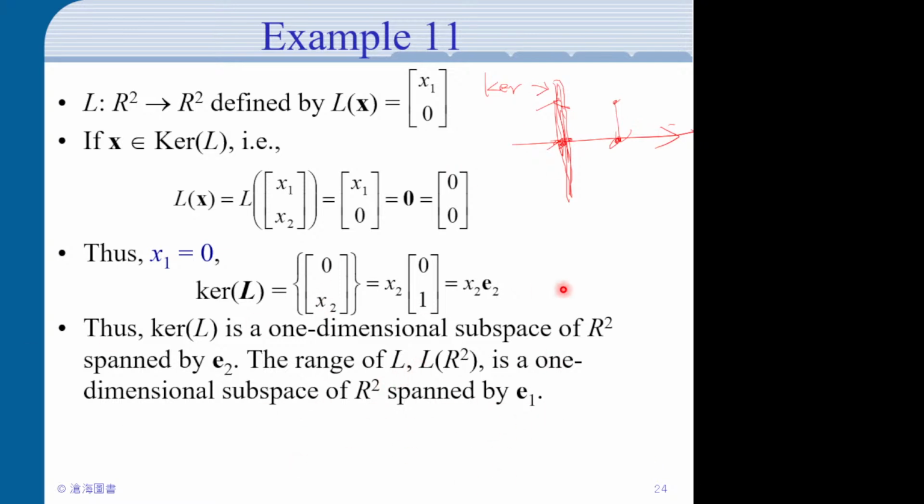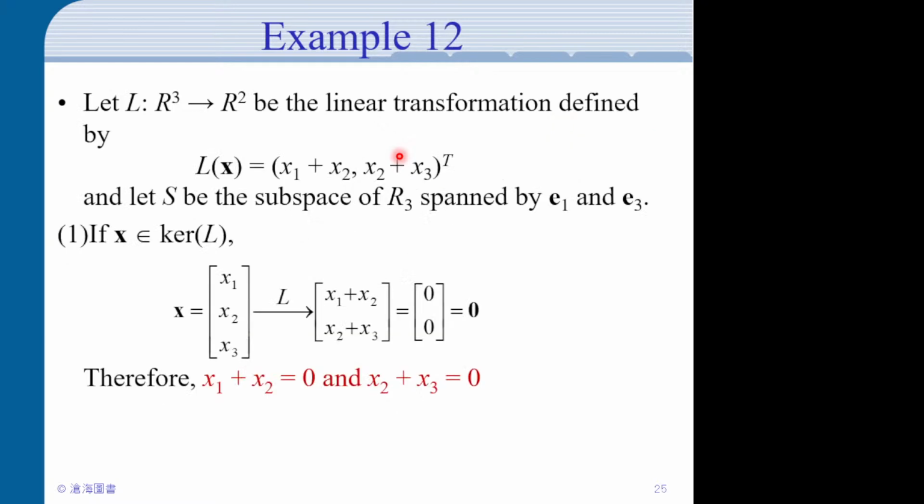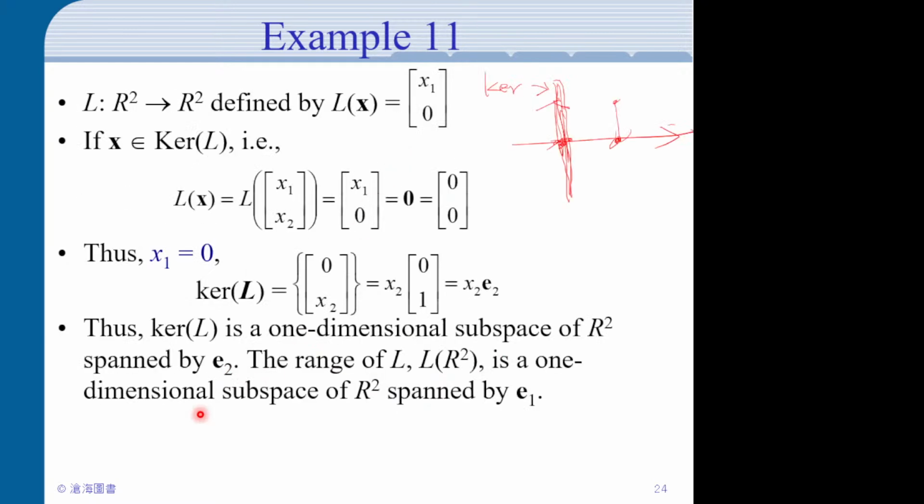So it's the kernel here and the range here. Both are one-dimensional. Later we will see that the dimension of the kernel is related to the dimension of the range in some way.